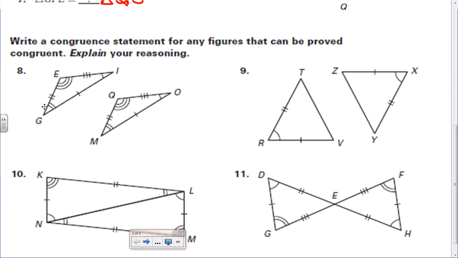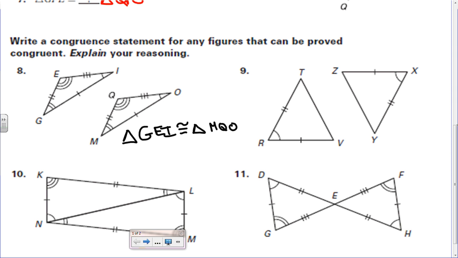So GE is congruent to MQ, EI is congruent to QO, and IG is congruent to OM. So our congruent statement is going to be triangle GEI is congruent to triangle MQO. And that's it.